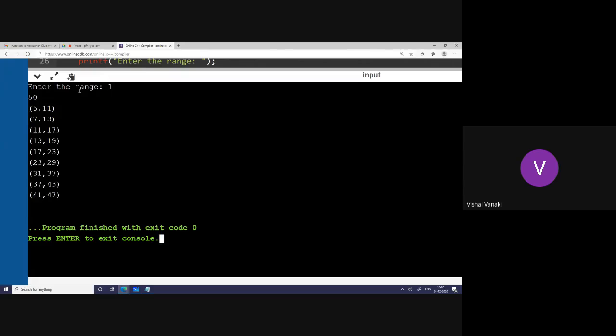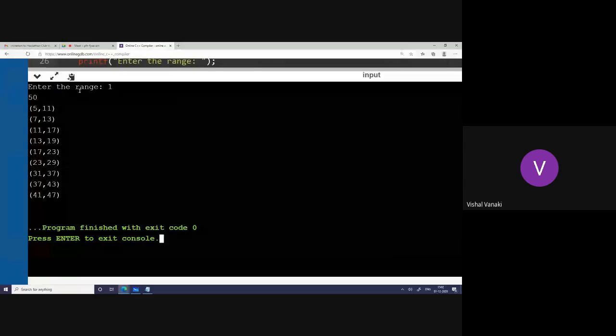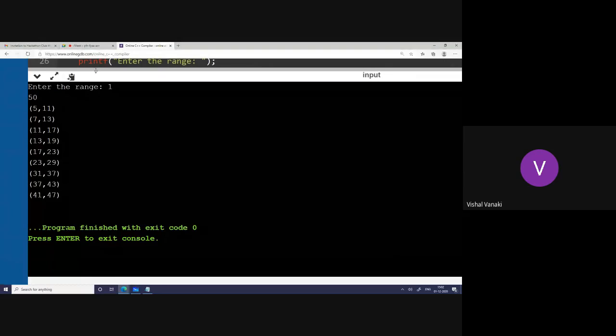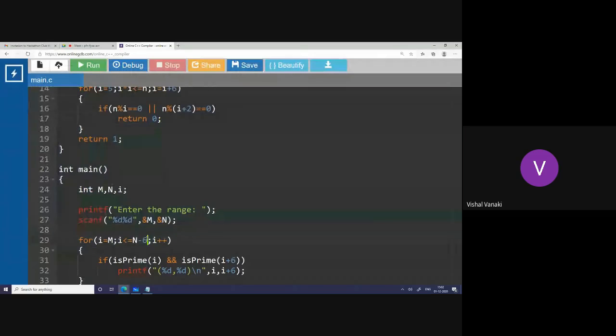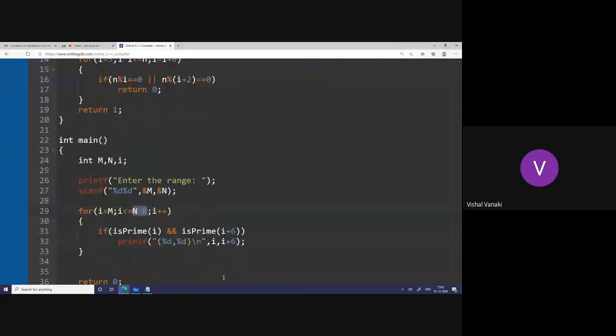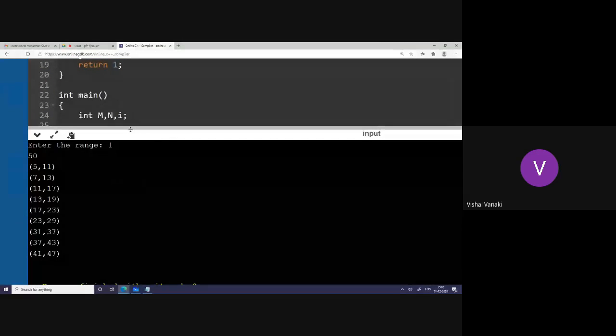Because you are checking i and i plus 6 together, your maximum limit is n minus 6, since you're already doing plus 6 inside the loop. So the maximum limit is n minus 6. That is the last range. Are we clear with this example?